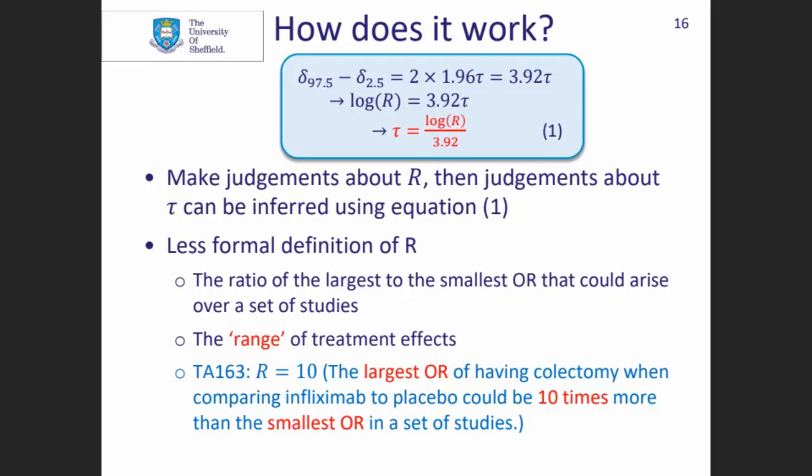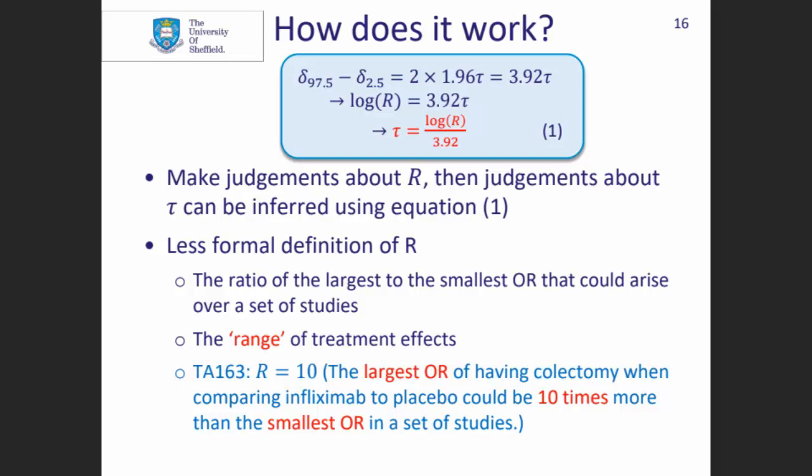That is, in a set of studies comparing the two treatments, if the smallest odds ratio observed in a study is 1, then the largest odds ratio in another study is 10. It won't be more than 10, because that's the ratio we set at 10.